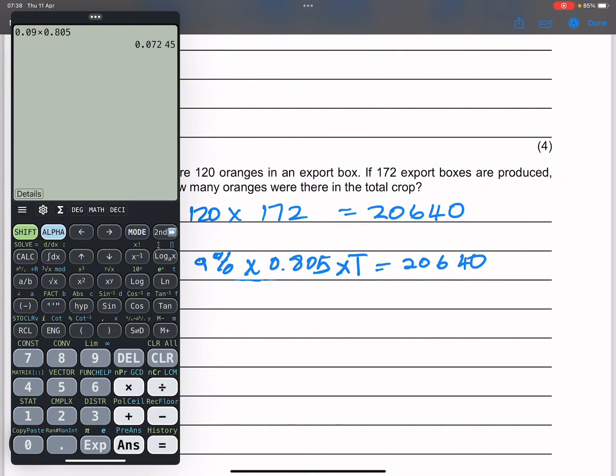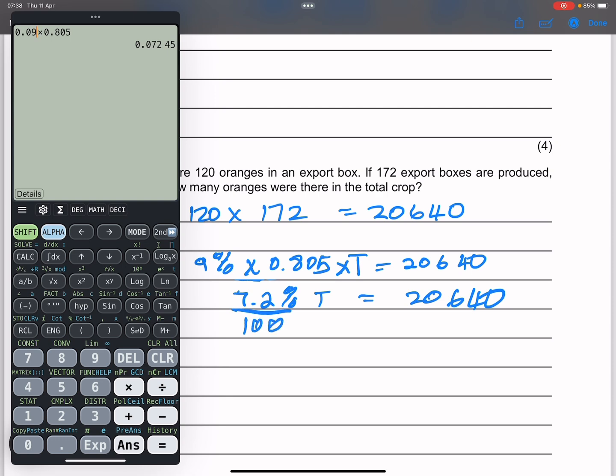So in terms of percentage, that's going to give me 7.2% of the total, right? If I multiply by 100, this is 7.245 if you want. Of the total is going to give me 20,640, and this is a percentage over 100.